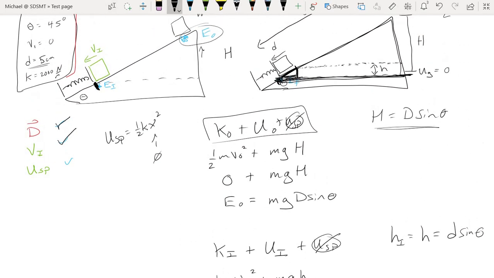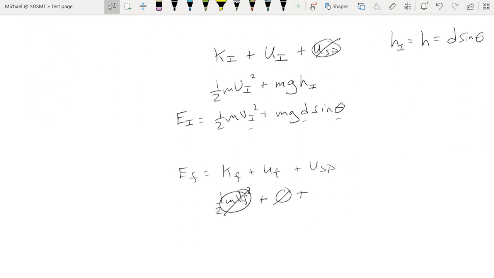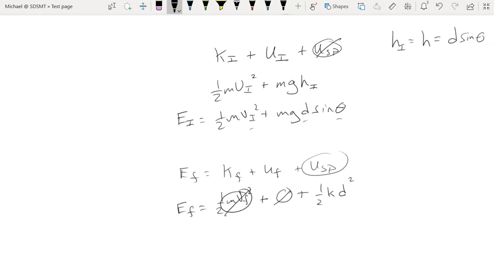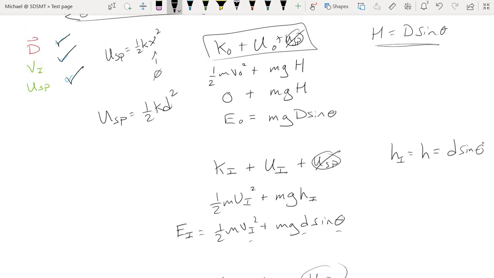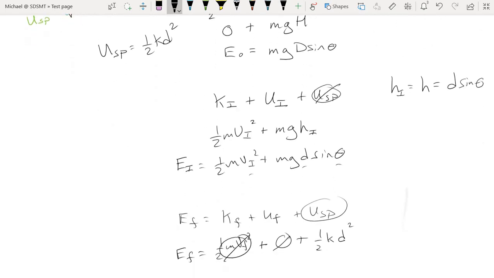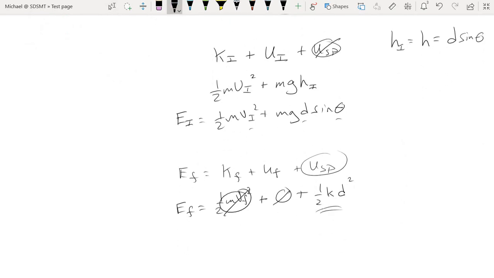The spring has finally displaced from its equilibrium position by a distance of d. And that means that the energy stored in our spring is 1/2 the spring constant, little k, times the compression distance squared. And this was one of the questions that we were asked, or at least I asked, be solved for. And as it turns out, that's the only energy that we have at the final location.